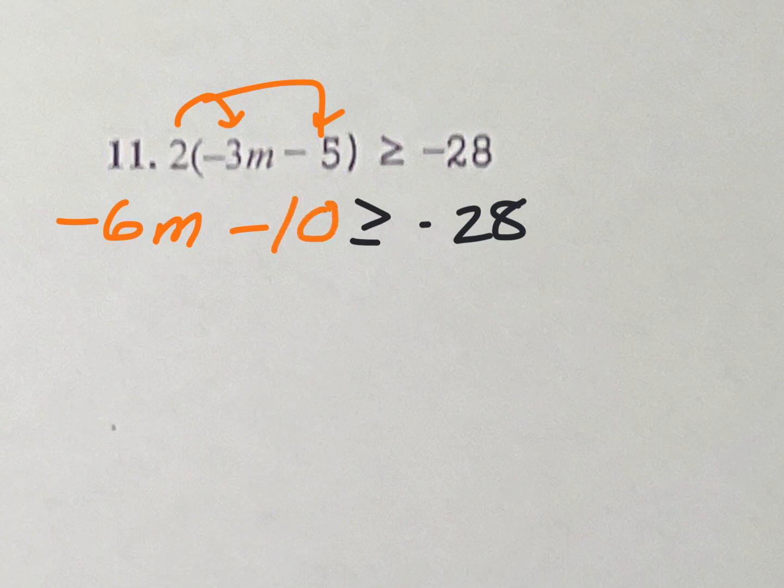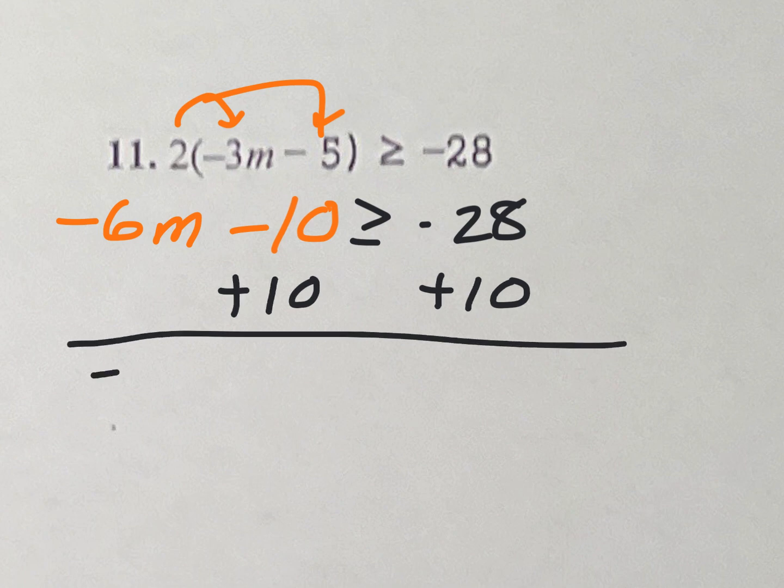All right, so now I need to get rid of that minus 10 with a plus 10. And so that's going to leave me with negative 6m. I always bring this symbol down in between each step because that was the part I always messed up. Negative 28 plus 10 is negative 18.